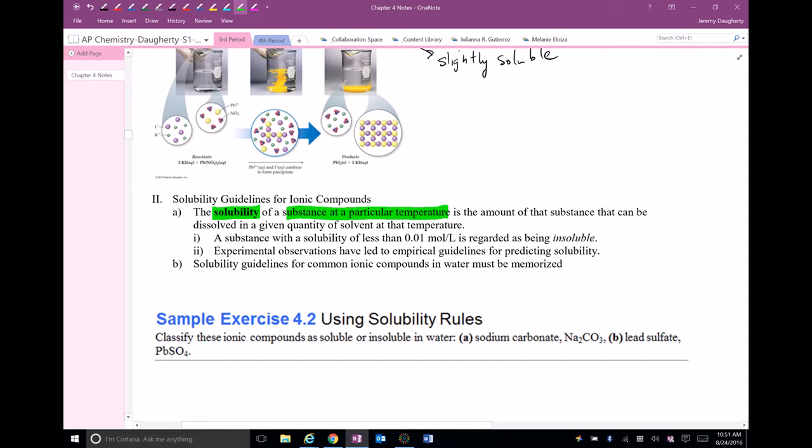And we'll talk more about solubility in Chapter 17 when we talk about Ksp, solubility products, things that are slightly soluble. We'll do some of those calculations in detail. Then here's the threshold. The threshold is anything where we have less than 0.01 molar, that's considered insoluble.